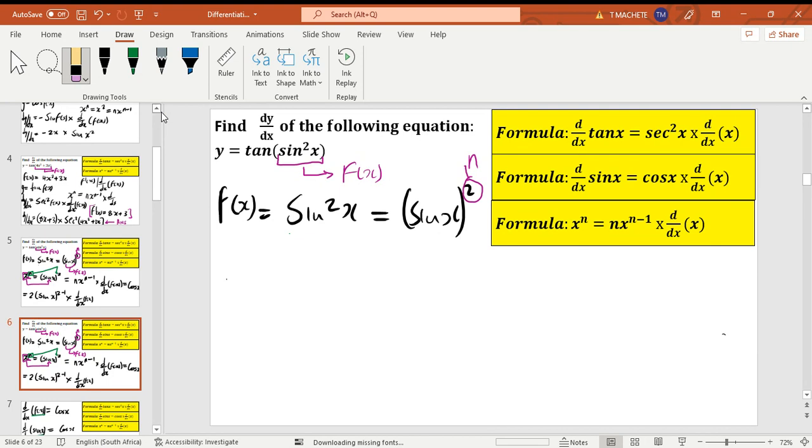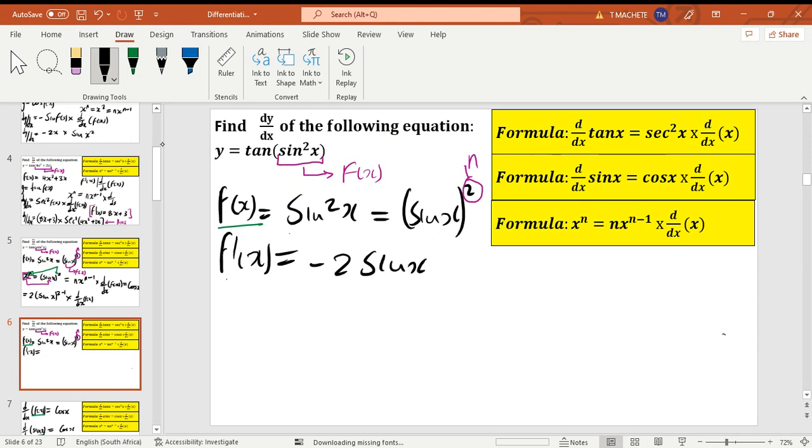So remember, the first thing that we did, we identified our f of x, which was sine squared x. Then we found the f prime of this as minus 2 sine x multiplied by cos x, or minus 2 sine 2x.